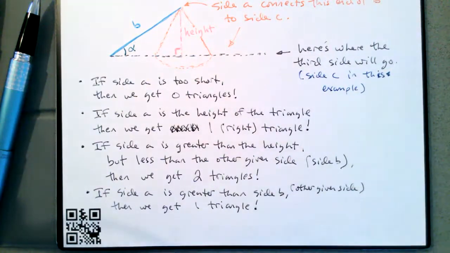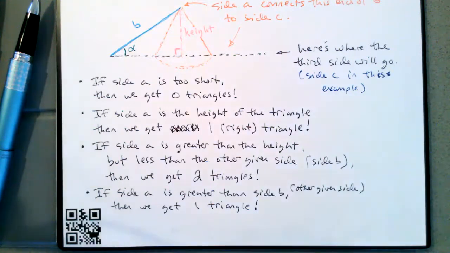So this is how this set of given information is ambiguous. If you have two sides and the angle opposite one of those sides, then you could end up with 0, 1, 2, or 1 triangles. If the side opposite the given angle is less than the height, you get no triangles.